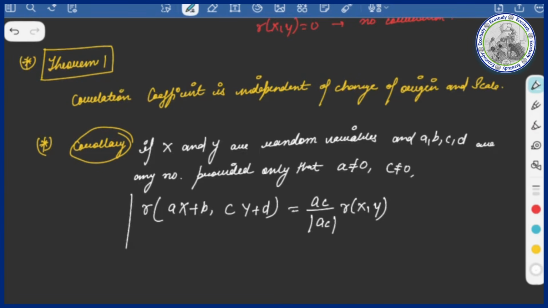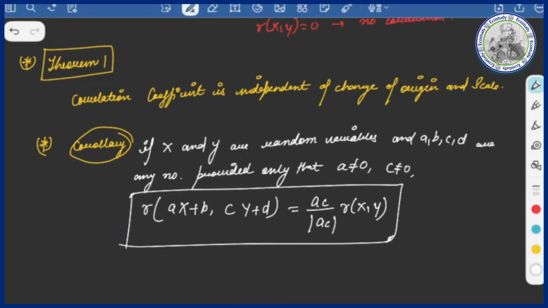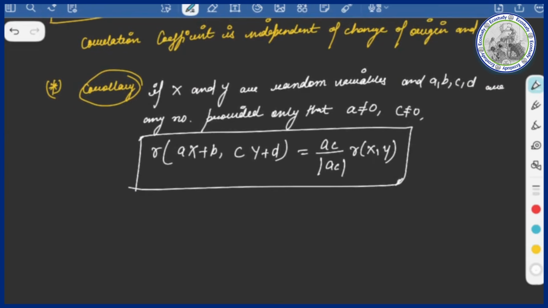We will see the proof of this. You should remember this formula, because sometimes in examinations they will ask to find the correlation of something like 3x plus 2 or 2y plus 5, then you should use this formula and just get the answer. The proof is quite easy.